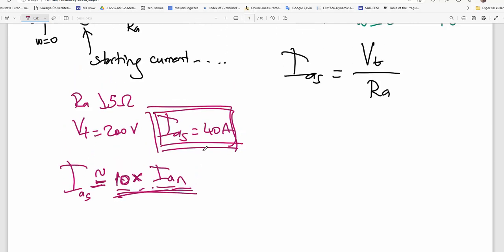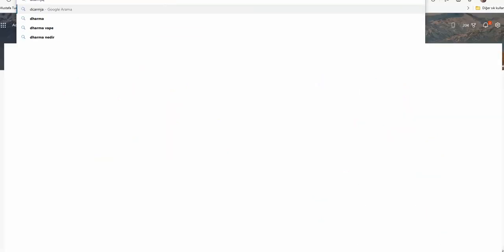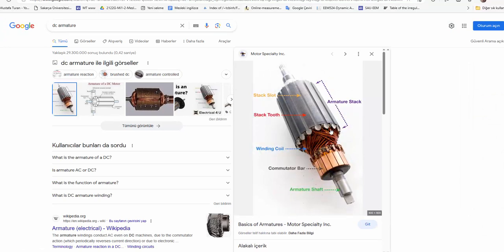So it's a problem. Problem for the voltage source, problem for armature conductors as well. There's a problem because you have produced the DC armature by using some conductors, here you see on the screen.